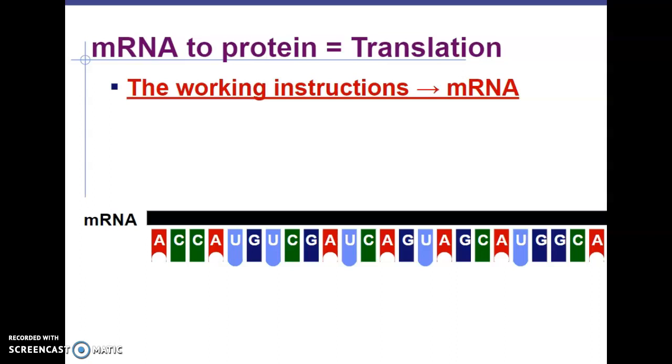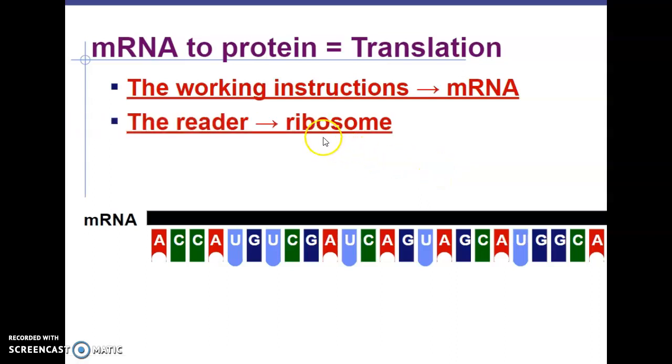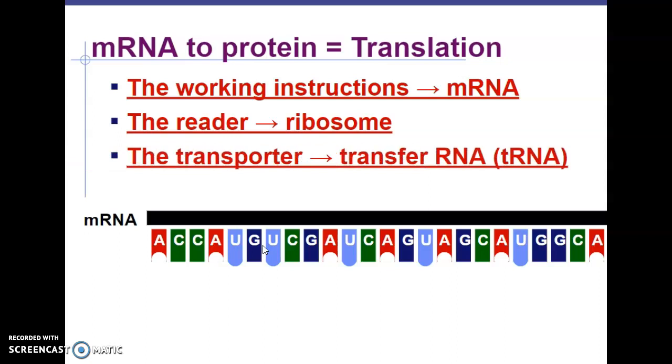All right, so the working instructions to make the protein will be on the messenger RNA. The ribosome is going to be the reader of the instructions, the architect, if you will, the builder. And then the person transporting goods to make the protein is going to be the tRNA, the transfer RNA.